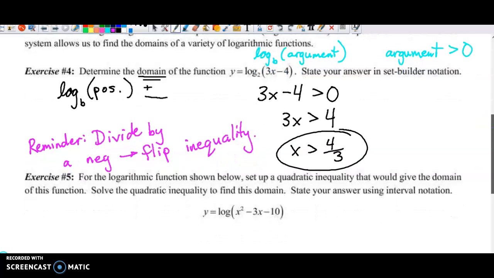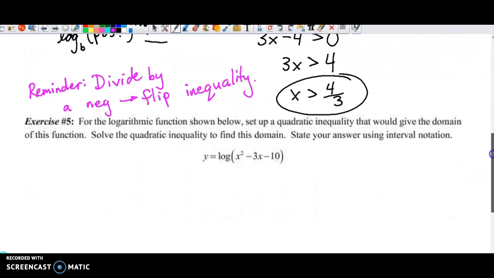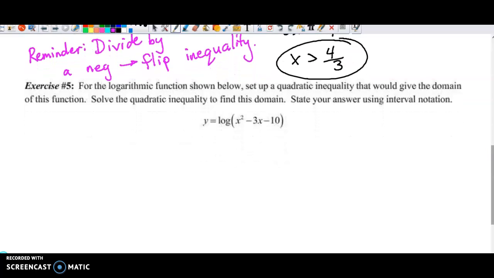So why is that important, and how does that relate to some of the other things that we've done? Here's another problem where I really don't care what we're logging, I just care that we're logging a positive number. And at this point I would tell you to factor this. Factors of 10, 5, and 2.